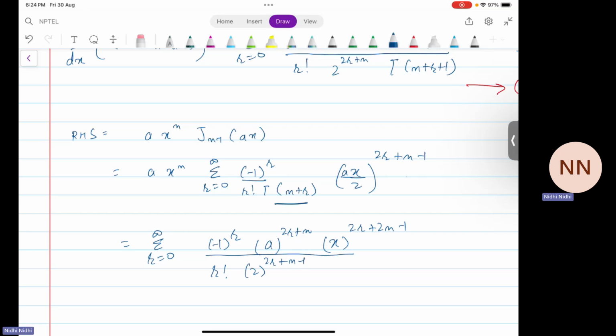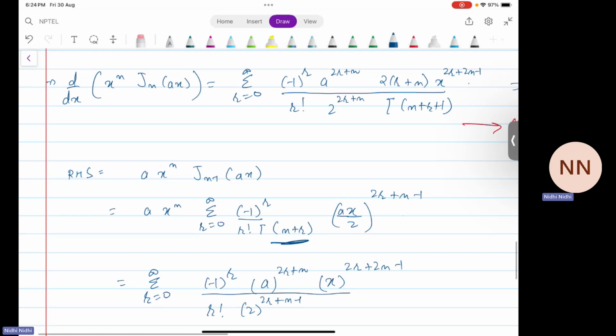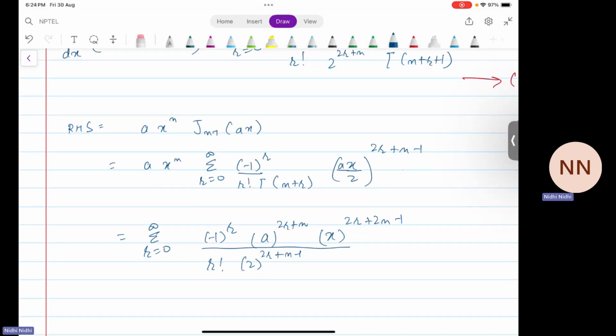Now here we have gamma n plus r, but earlier we wanted something of the form gamma n plus r plus 1. So we know that gamma n plus 1 is n times gamma n. So we can write gamma n plus r to be gamma n plus r plus 1 divided by n plus r.